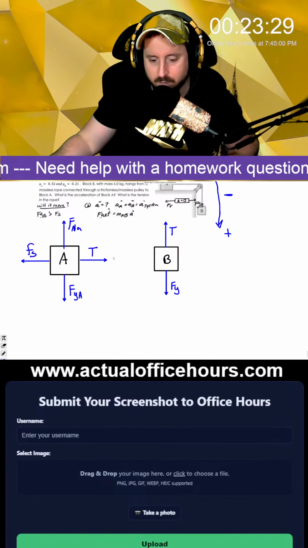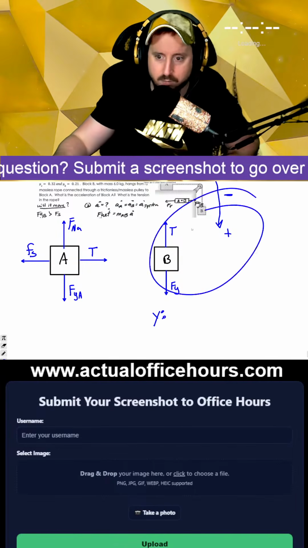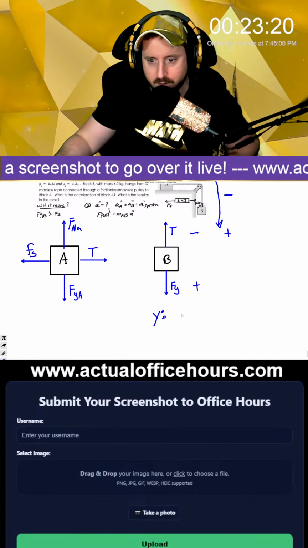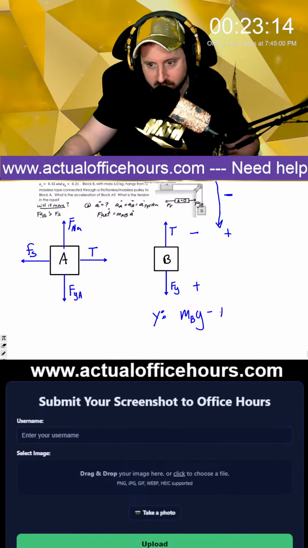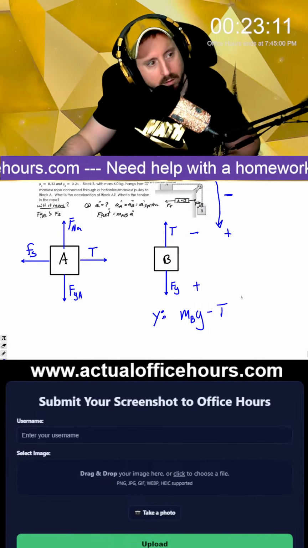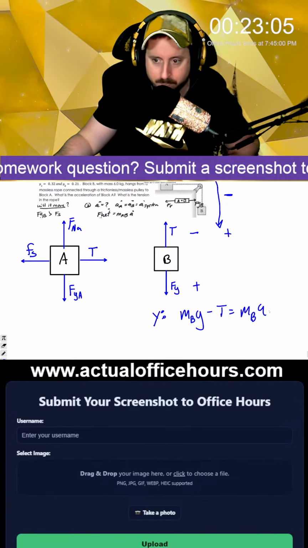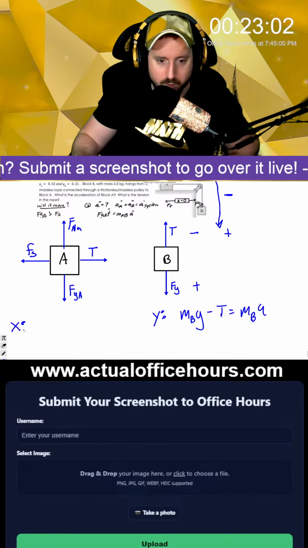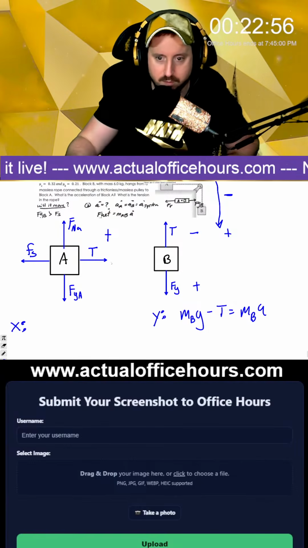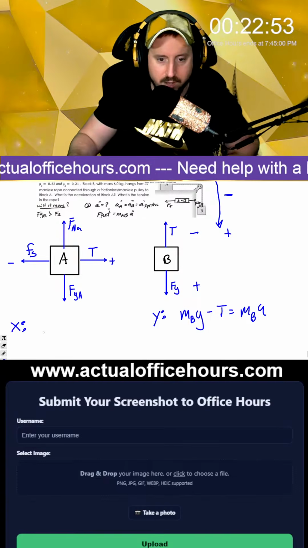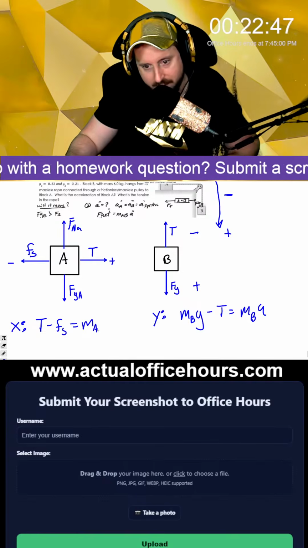And the key thing here is that motion in the Y direction, where we described down as plus and up as negative, is going to be M_B g, which is FG minus T, and this is going to equal M_B a. That corresponds to motion in the x direction, where we described this as plus and this as minus. So T minus Fs is equal to M_A times a.